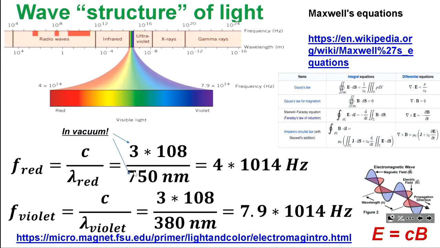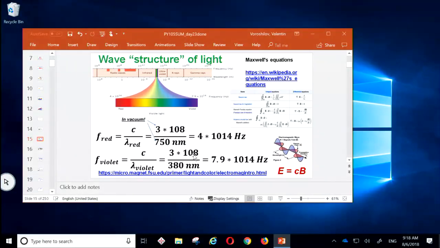So the visible spectrum is confined between about, oops, oh, shoot. Can I fix it?